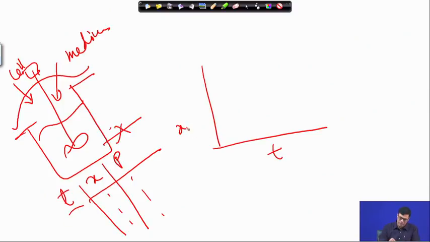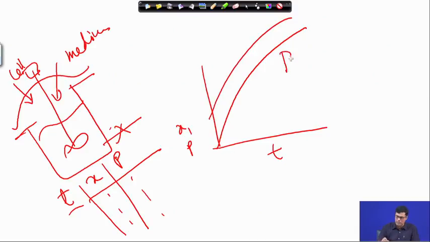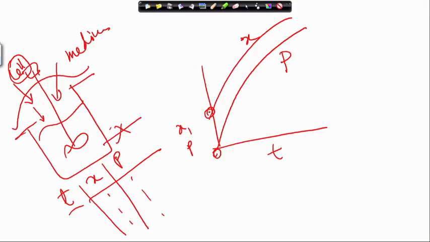If you plot x and p, it is like this. So, this is p and this is x. Now, we should all remember x should not be 0. Am I right? Because why should it not be 0? Because you have to use the inoculum, the cell you are adding to the media. So, there will be some initial cell mass concentration, and from that the cell mass increase will take place.